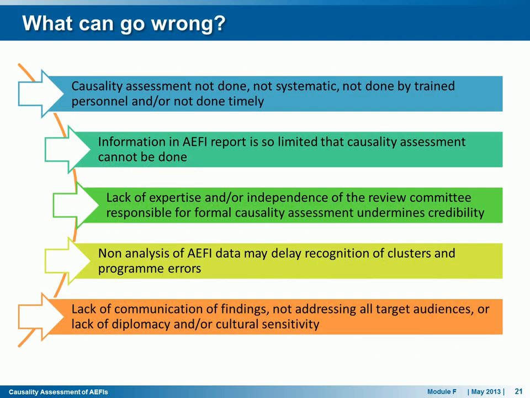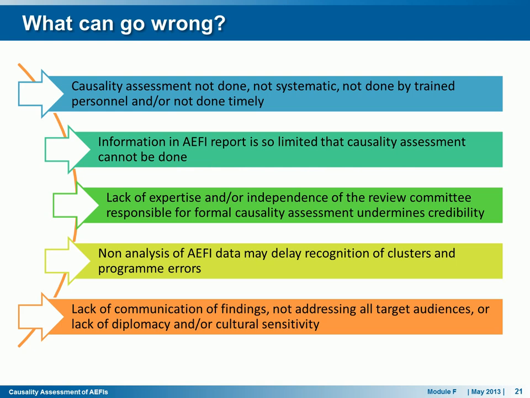Now we need to look at what can go wrong in causality assessment. A lot of things can go wrong. Causality assessment may not be done, not done systematically, not done by trained personnel, and most crucially, not done on time. Sometimes the information in the reports presented to this committee is so limited that causality assessment cannot be done.